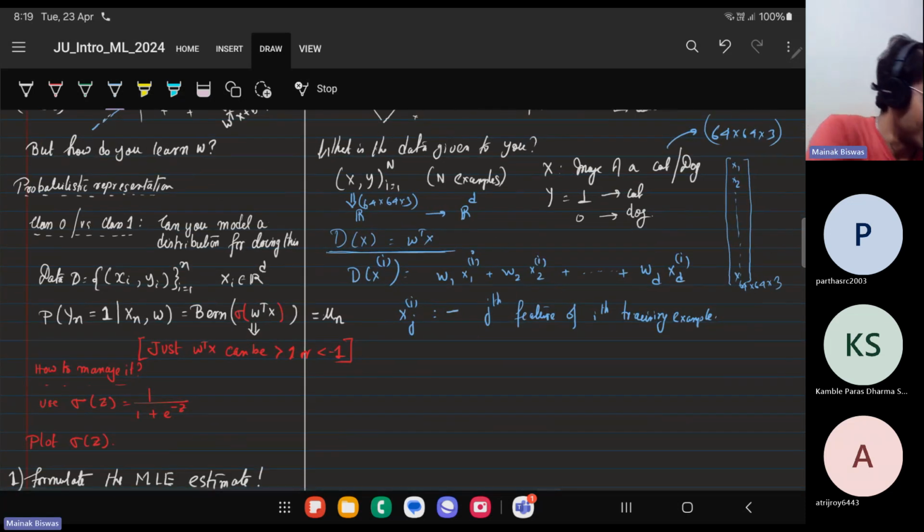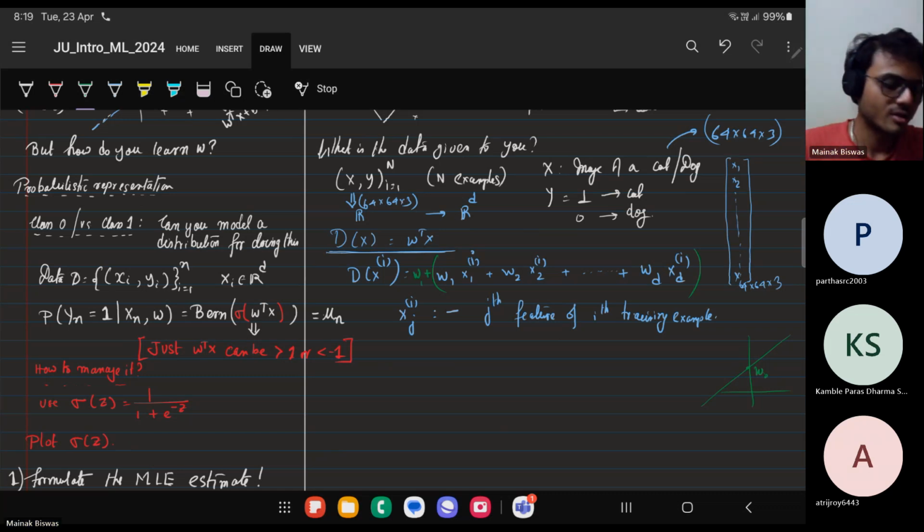Now, can you tell me if there is a problem with just taking a linear combination of the features? There's one problem: if the data has some offset, that is some W0 intercept, correct? So I need to add W0 to it. I convert X to X0, X1, X2, dot dot dot XD, and X0 will be equal to 1 always.